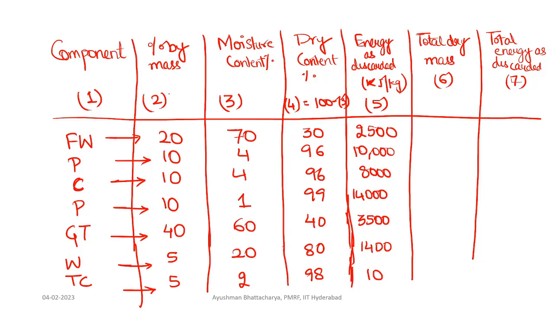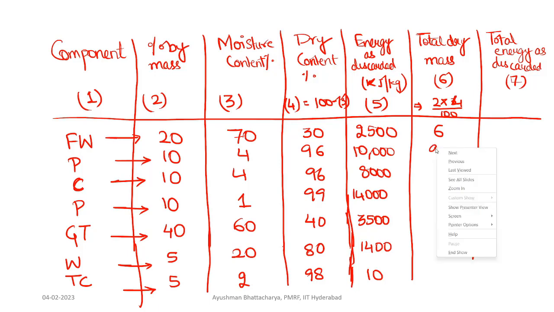So percentage by mass is this much. Dry content in this percentage mass is 30%. So how to calculate? Column 2 multiplied by column 4 divided by 100. This way we will get the total dry mass, which comes out to be 6, that is 20 into 30 divided by 100.